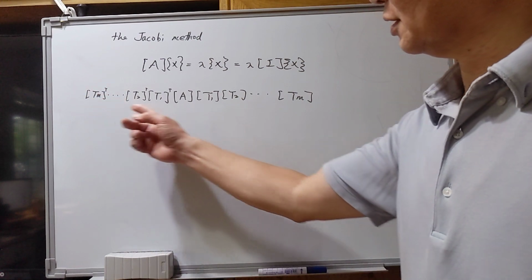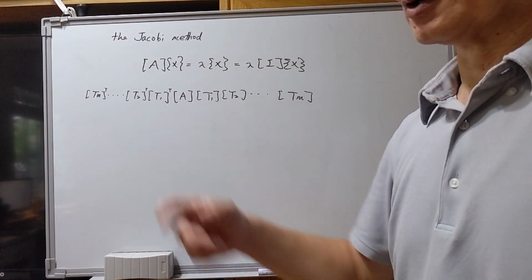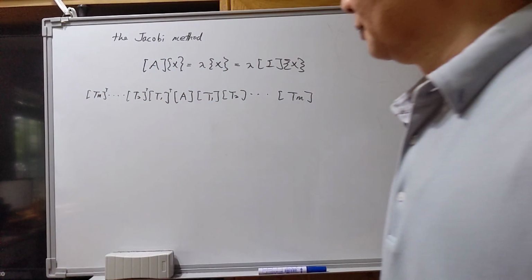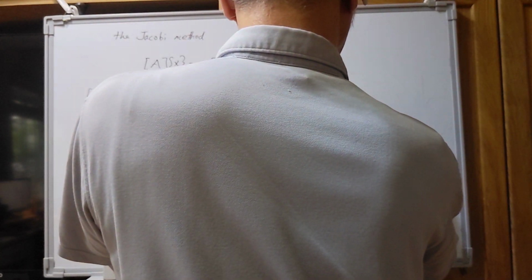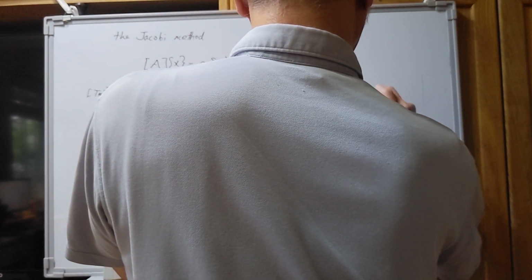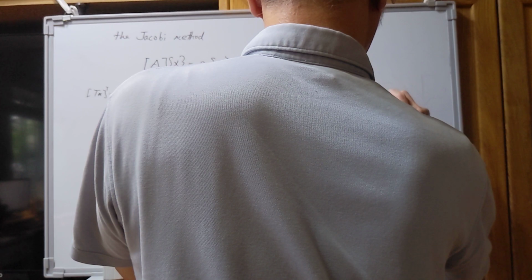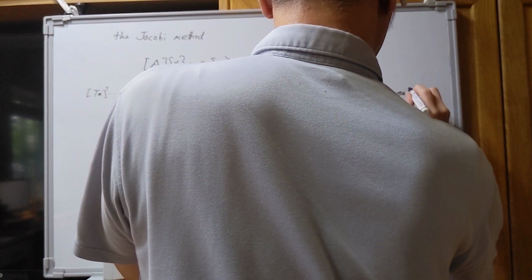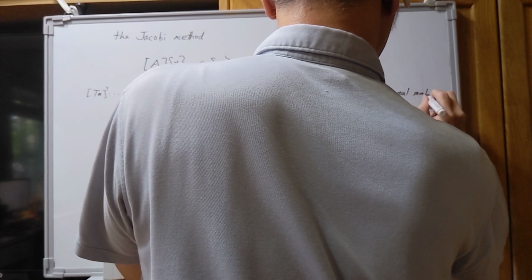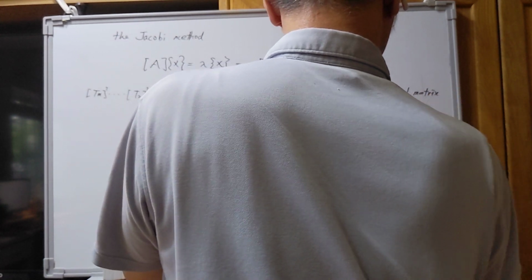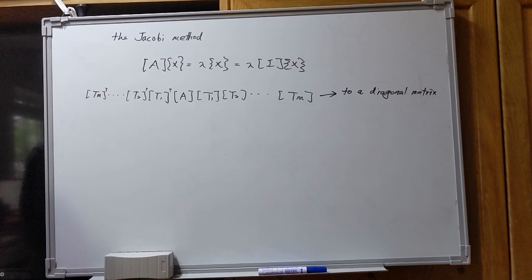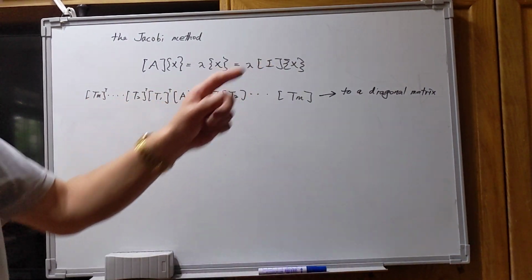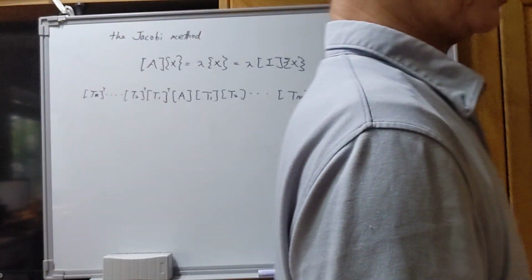So after several iterations, we can approach a diagonal matrix. We can change the modified matrix into the diagonal matrix.